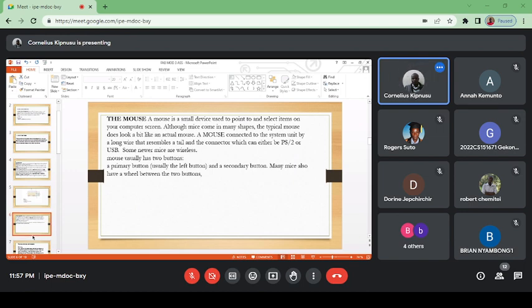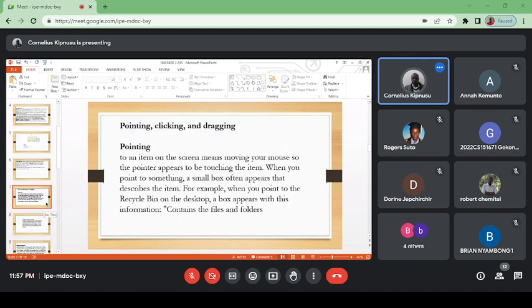A mouse can be used for pointing, clicking, or dragging. Pointing is when we are locating something on the screen.